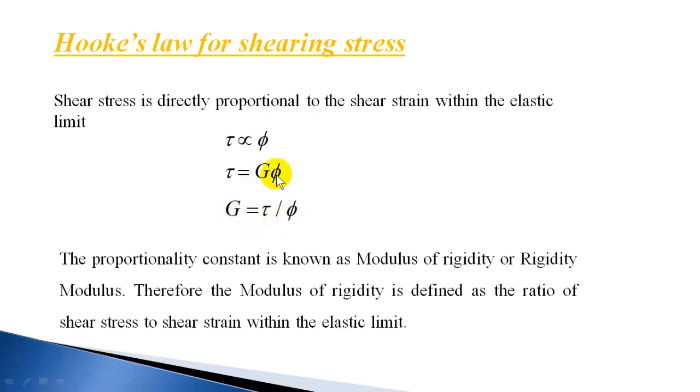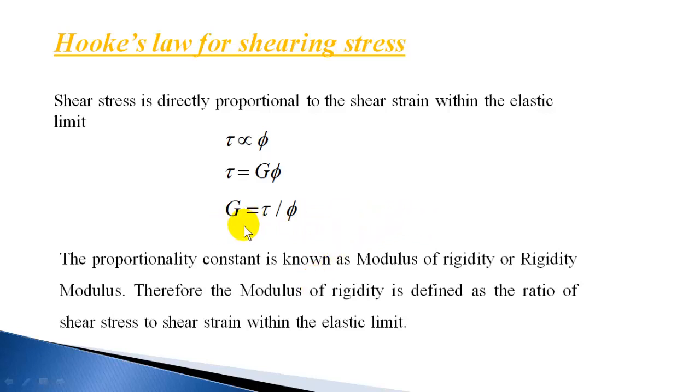So from Hooke's law for shearing stress, you get modulus of rigidity as the ratio of shear stress to shear strain. This ratio will be equal to modulus of rigidity if loading is within the elastic limit. So you can define modulus of rigidity as the ratio of shear stress to shear strain within the elastic limit of the material.